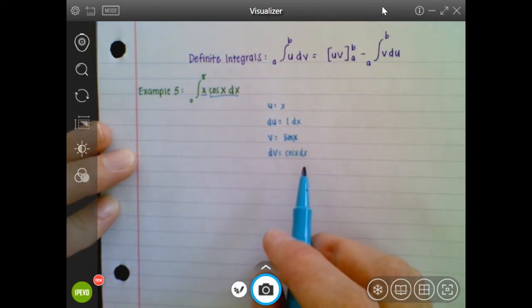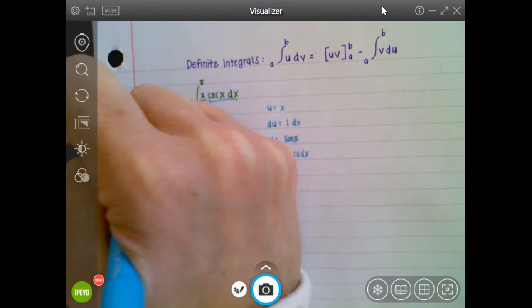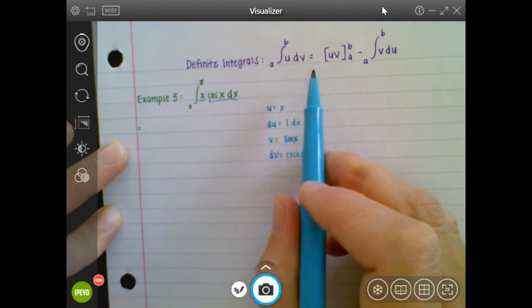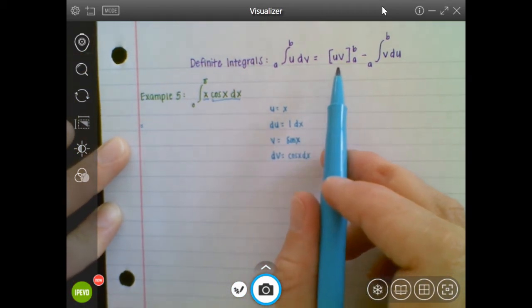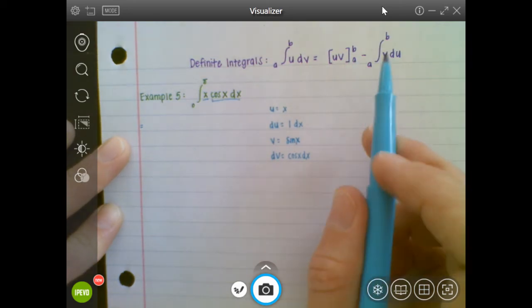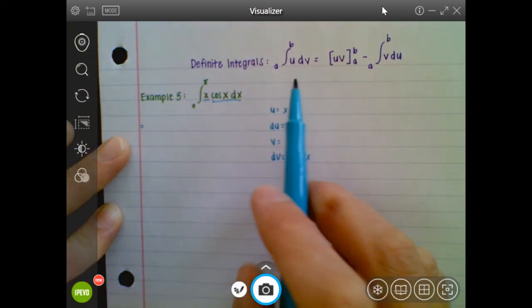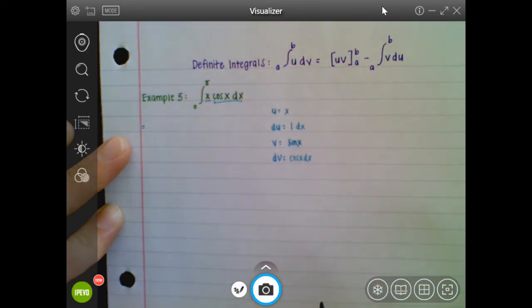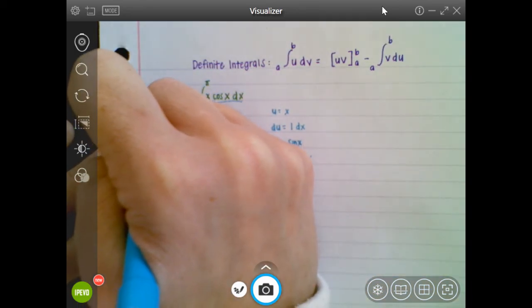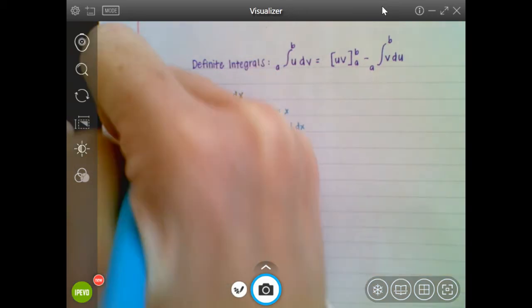So now that I know my pieces, I'm going to use my formula that we were using in the last couple of examples, but the difference is that I'm going to put some bounds, some pieces that I need to evaluate now. So my first part is the product of u times v, so x times sine of x.